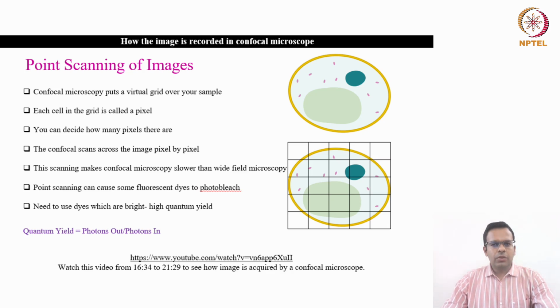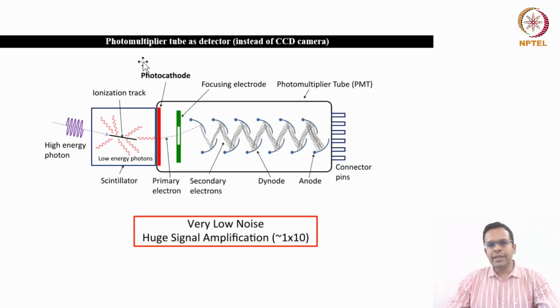Now you have seen how the image is formed in the confocal microscope, and here again a brief introduction about the photomultiplier tube as a detector. Generally in the confocal microscope, the photomultiplier tube is used as a detector, compared to other microscopes. In a wide field microscope, CCD cameras are used, because in wide field illumination the entire cell gets illuminated at a time, so you have to collect the information from many pixels simultaneously.